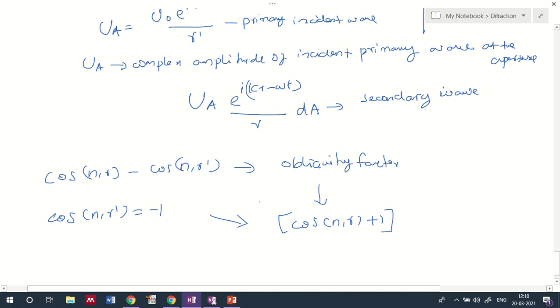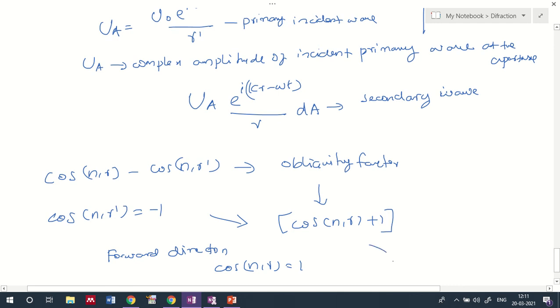And similarly, if the wave is propagating in the forward direction, then cos n r takes its maximum value, which is 1.